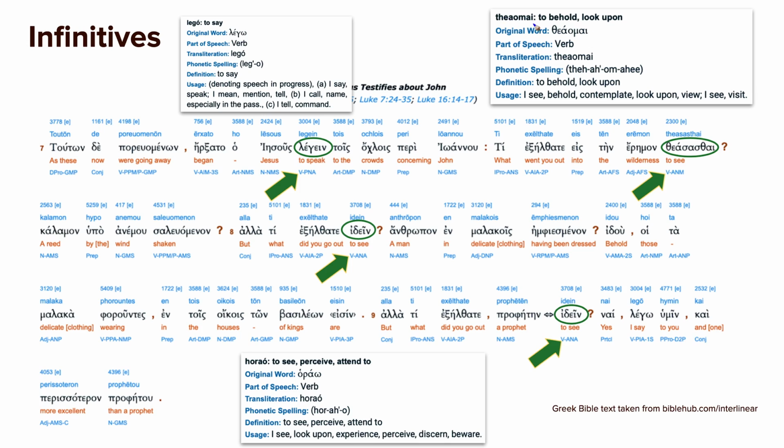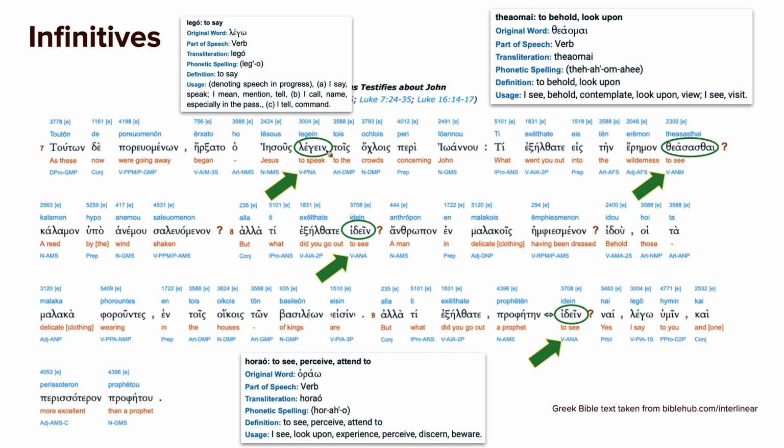All right, and then we also have theaomai and horao here. So Jesus, now as these were going away now, Jesus, began, what did he begin to do? To speak. So this is basically the object of began.